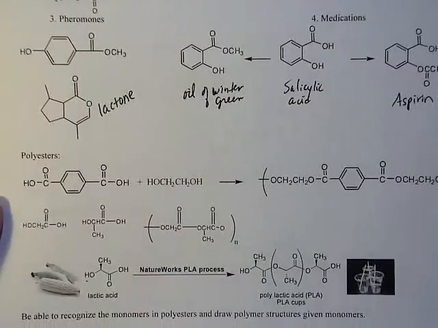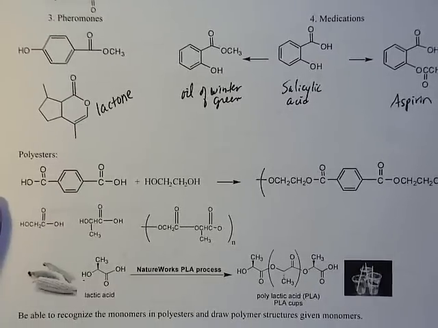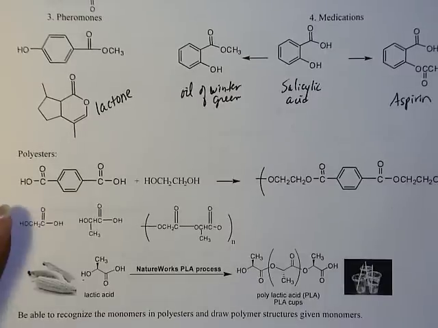Now, esters are also found in man-made polymers called polyesters, and these are some examples of polyester. I'm sure Dr. Gurney talked to you about polymerization and what a polymer is.